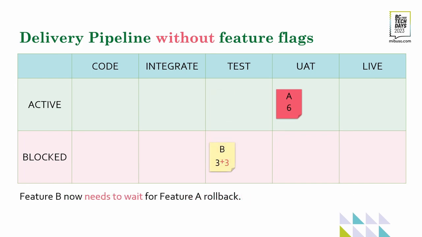And because it's a change to our current main branch, we again put feature B in a blocking phase. We cannot proceed with testing. We need to make sure the rollback is successful before we can proceed with testing for feature B. We'll wait for the rollback, and now we can finally get back to start testing for feature B.